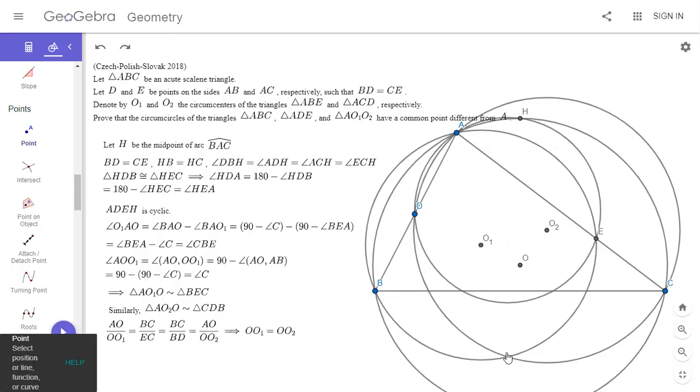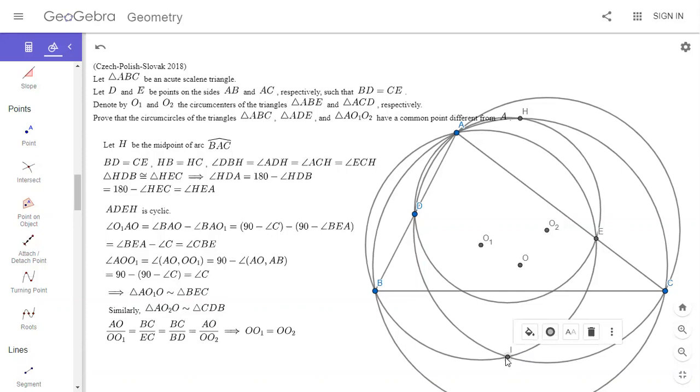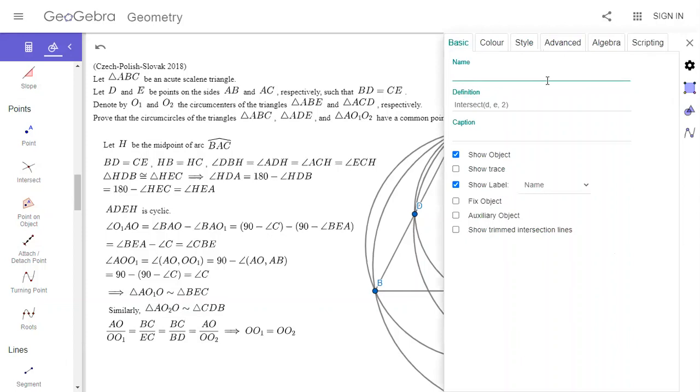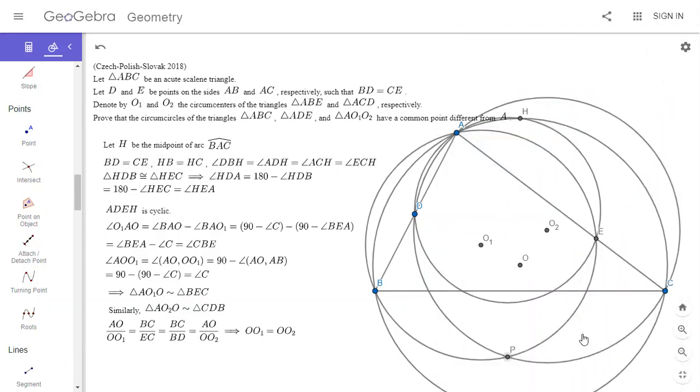Yes, that one. And let that be T. Let this be point D. T. E. I'm sorry. I'll call it P. And we want to show that AP is perpendicular to both of the segments. Yeah, it's perpendicular to O1O2 because of symmetry. We can try proving that AP is perpendicular to AH. Okay.